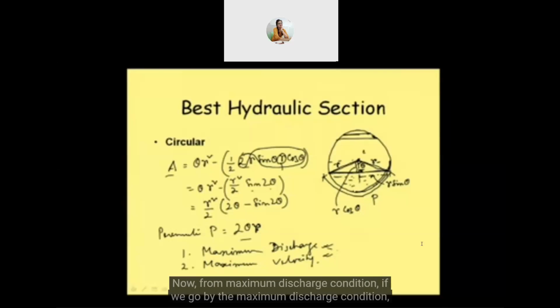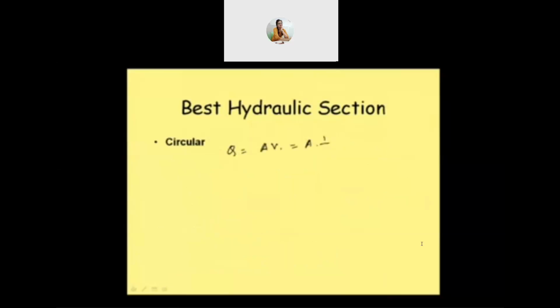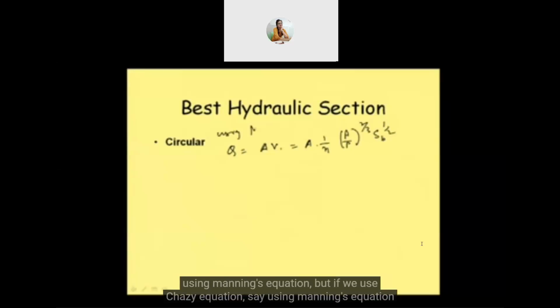Now, if we go by the maximum discharge condition, we will get Q equal to area into velocity, and this means A into 1 by N. This is our very popular expression using Manning's equation.